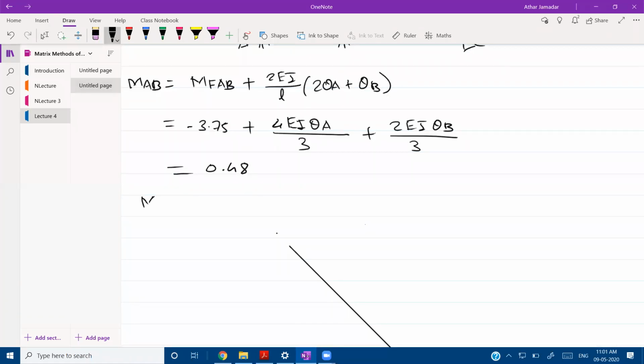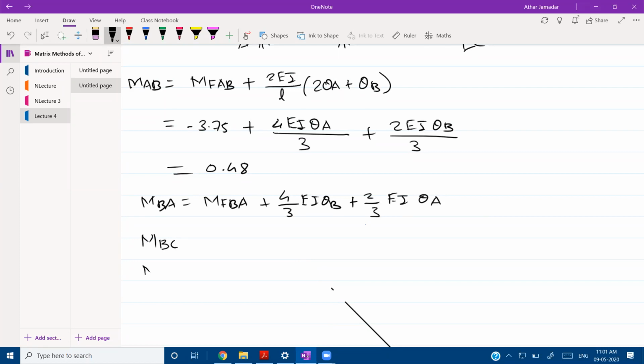Similarly, if you find MBA, it will be MFBA plus 4 by 3 EI theta B plus 2 by 3 EI theta A. Likewise, you have to find each value of MAB, MBA, then MBC and MCB.